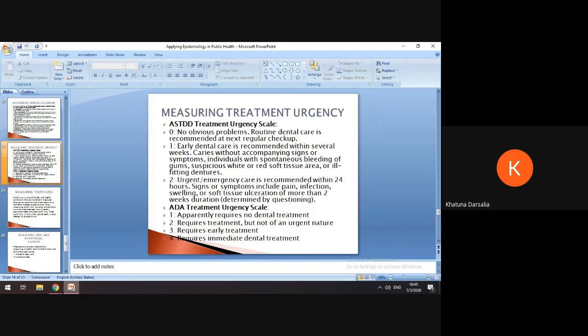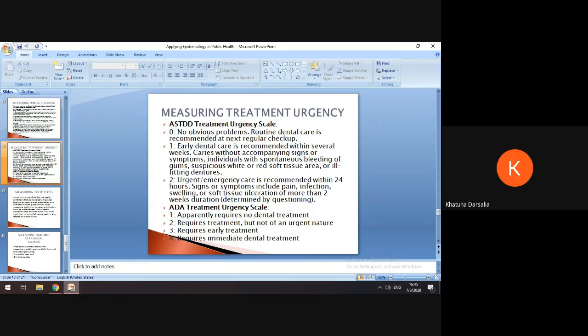Urgent emergency care is recommended within 24 hours, and signs or symptoms include pain, infection, swelling, or soft tissue ulceration of more than 2 weeks duration, determined by questioning.